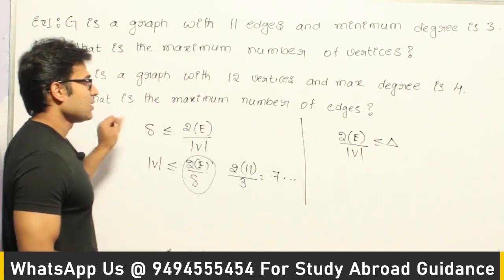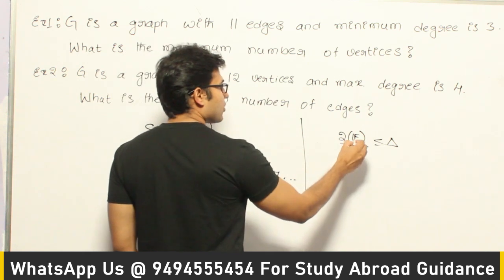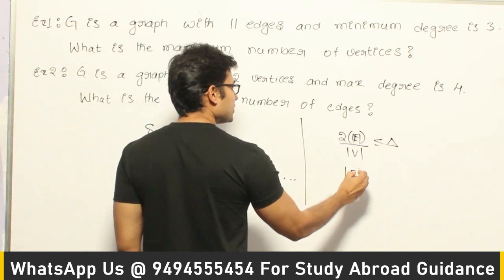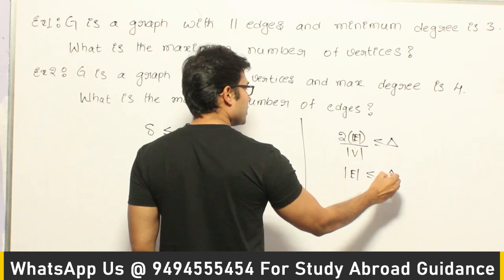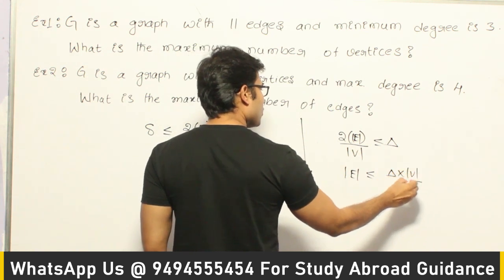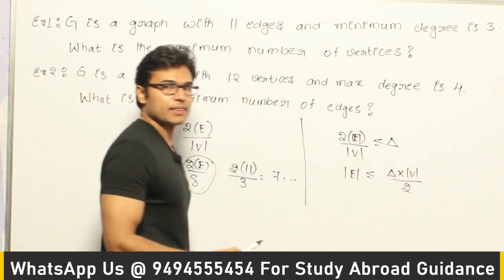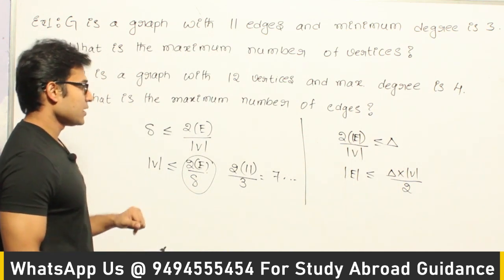Now what is asked? What about the number of edges E? So the number of edges E is less than or equal to capital delta into number of vertices divided by 2, right? So that is what they are asking.